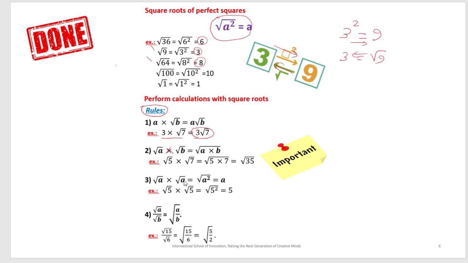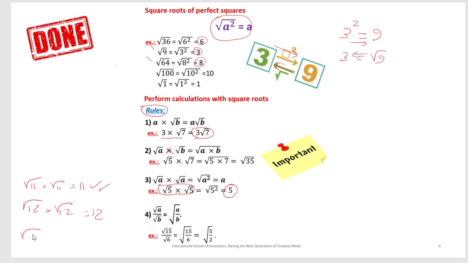Radical a times radical a equals radical a squared, which equals a. This is an important idea. So radical 5 times radical 5 equals 5. Radical 11 times radical 11 equals 11. Write it: radical 12 times radical 12 equals 12.